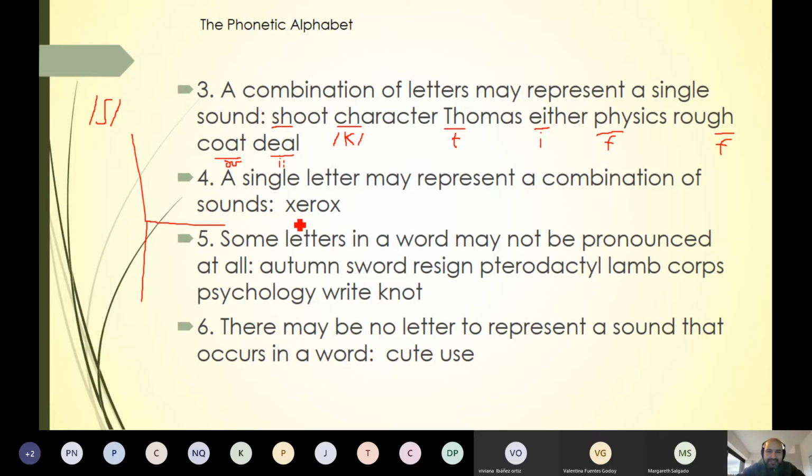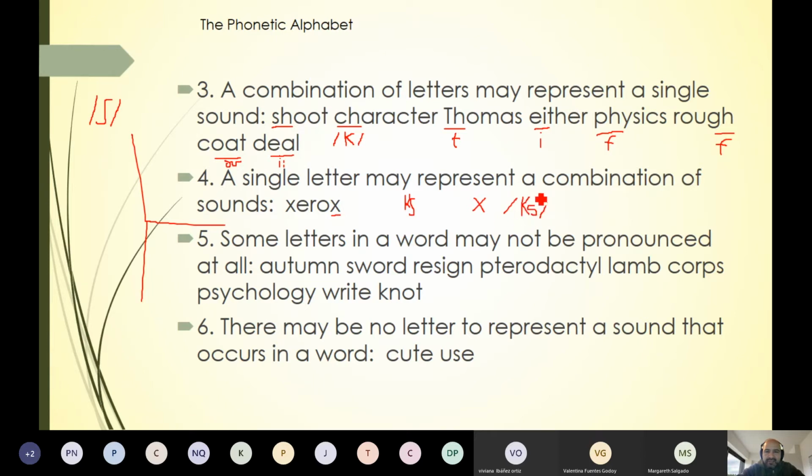And the letter X may represent, if I'm not mistaken, as in exception, a combination of two sounds.